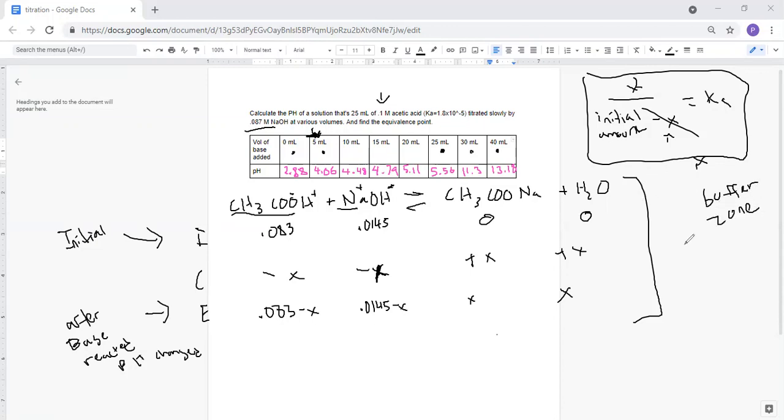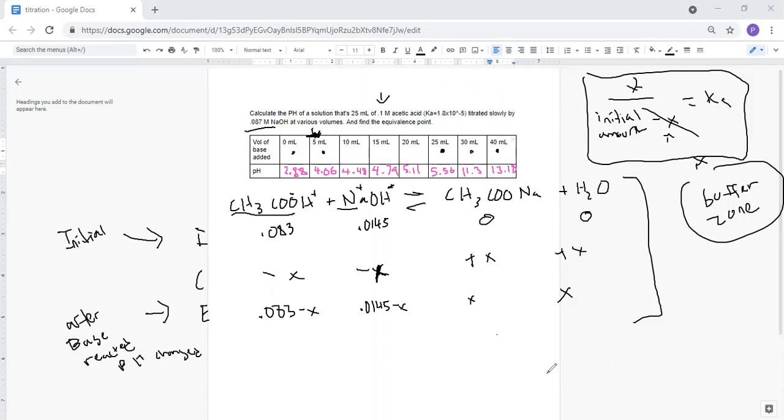Only strong acid and strong base titrations don't have buffer zones. Every other titration has a buffer zone, except at 0 and after the equivalence point, and we haven't reached the equivalence point yet. So because we're in a buffer zone, we have to use the Henderson equation.